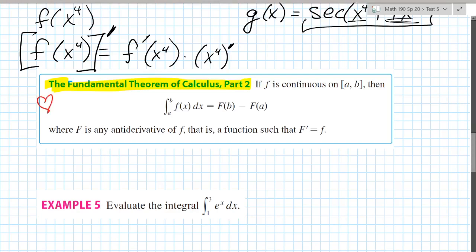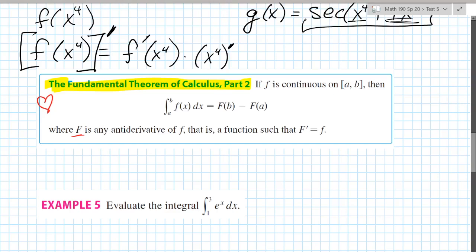So the fundamental theorem part 2 says if f is a continuous function on the closed interval from a to b, then the definite integral of f from a to b is equal to capital F of b minus capital F of a, where capital F is any antiderivative of little f. That is a function such that big F prime is equal to small f.